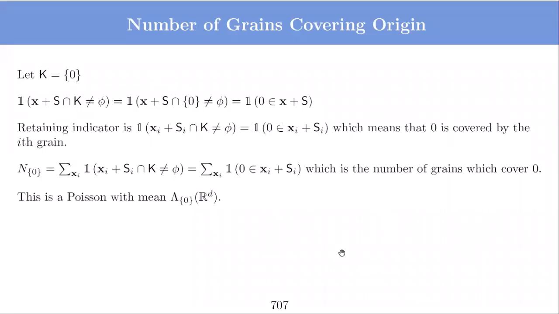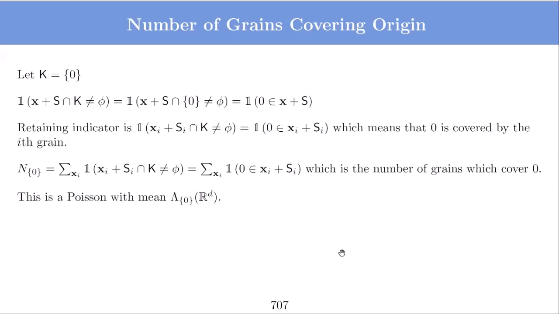So we can use this result to compute the number of grains covering the origin, right? So remember, number of grains covering origin means that the origin is a part of the grain. So the origin is inside the grain. This means that if I compute the intersection of the origin with the grain, that intersection should not be empty, right?